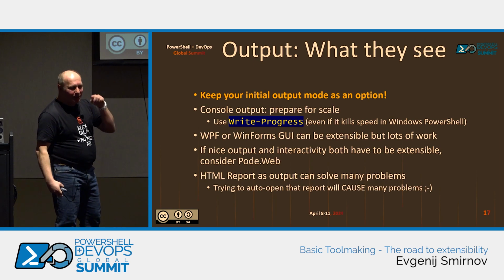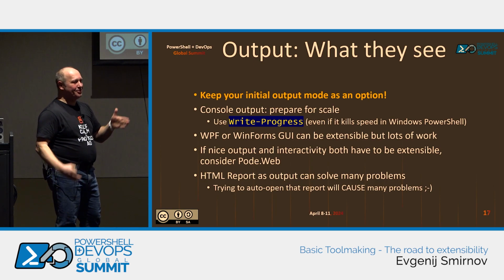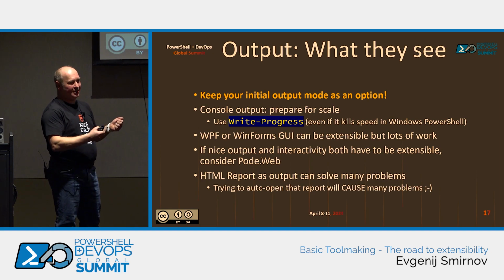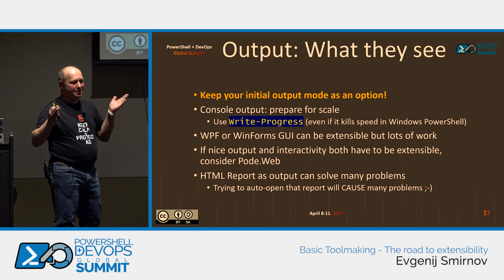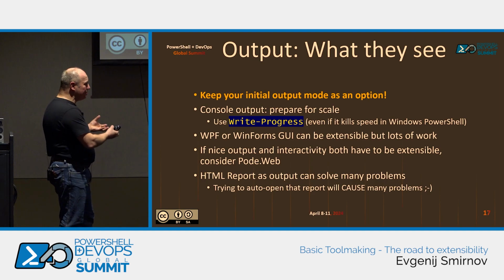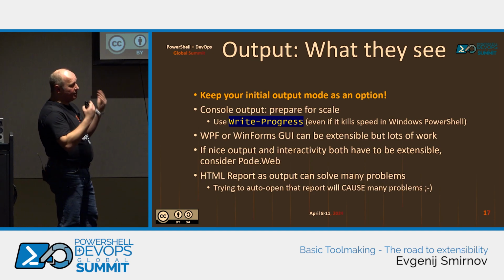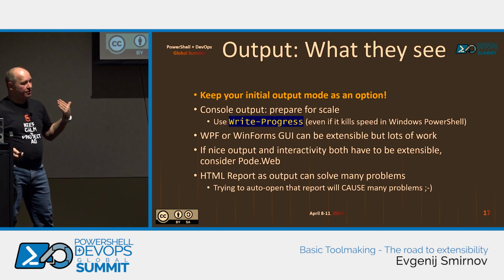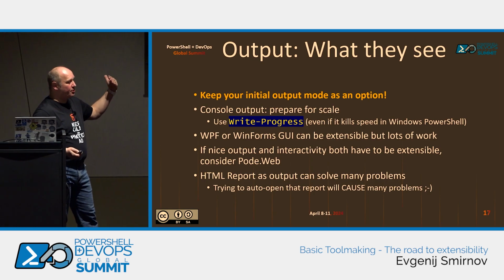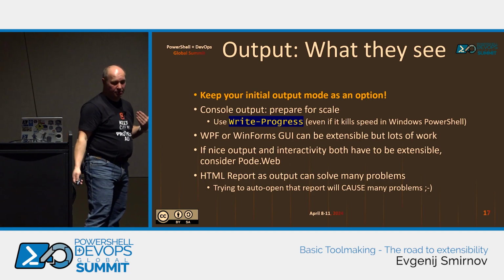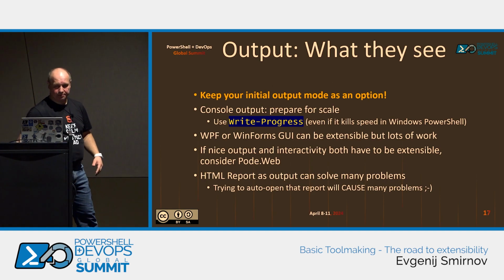But people will gladly take an HTML report that is rich enough, take it to their work machine, not on the server. They might not even have a browser on the server where the script has run, but taking an HTML report to their machine and then digging through it, that is very good UX, and it's very simple to incorporate new functions, new protocols, and all the new stuff that you extend your script with into that.